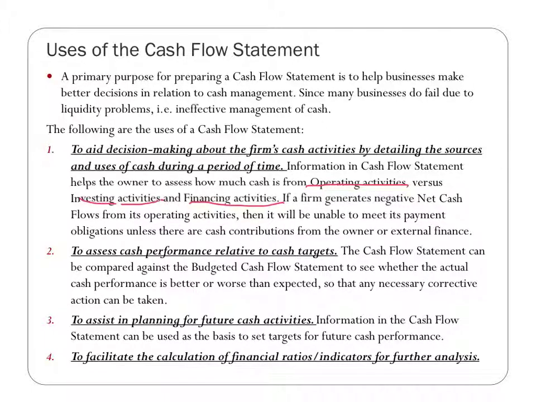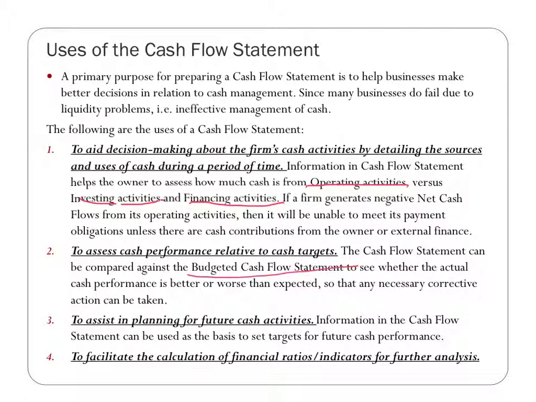The second purpose for preparing a cash flow statement is to assess cash performance relative to cash targets. The cash flow statement can be compared against the budgeted cash flow statement. We'll talk more about the budgeted cash flow statement in later chapters, chapter 17.